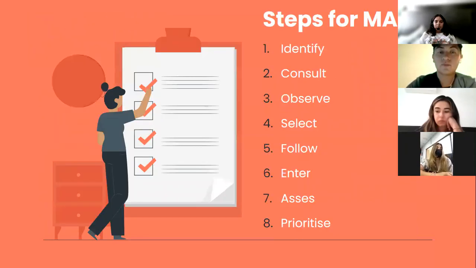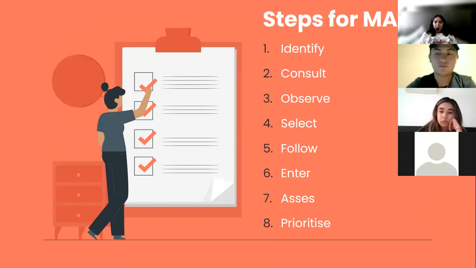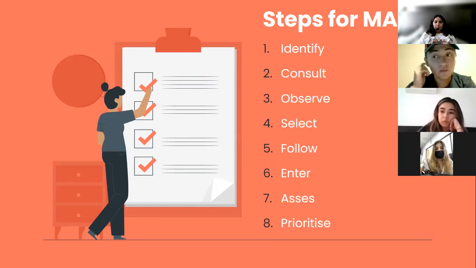First, we're going to tell you the steps of the MAC. First, we need to identify the risk, and how intense it will be. After this, we need to consult the following charts that we're going to show you.